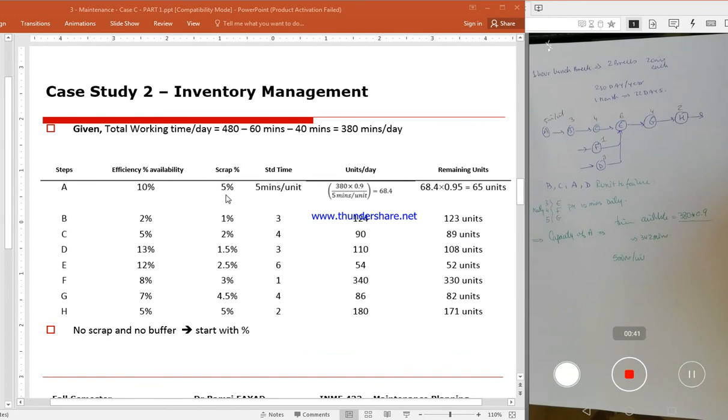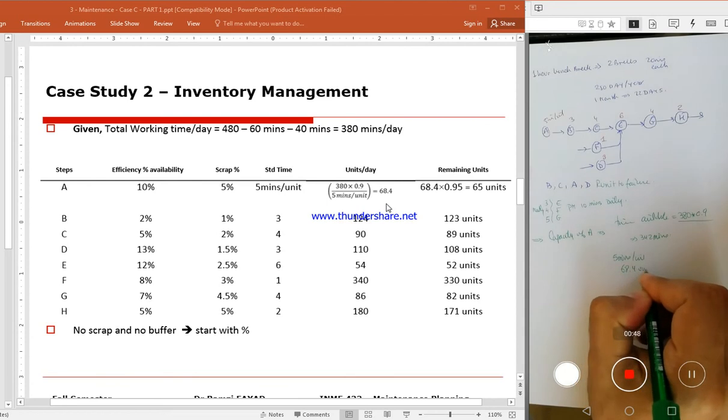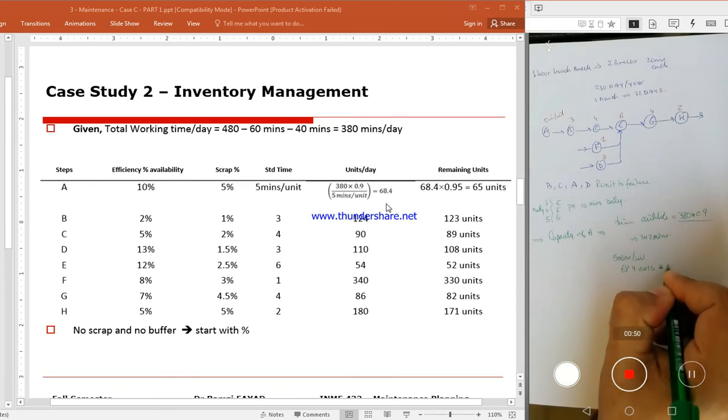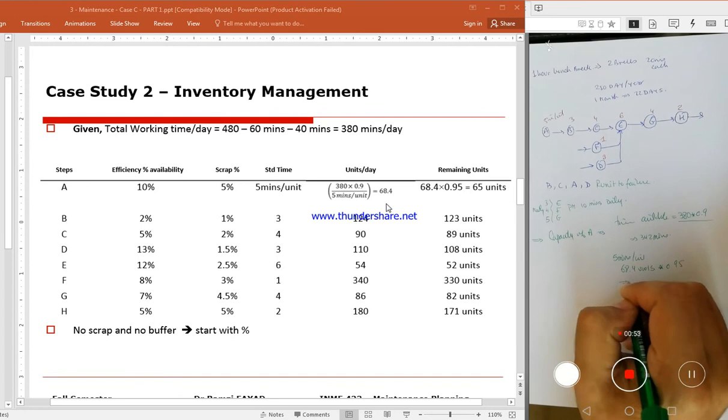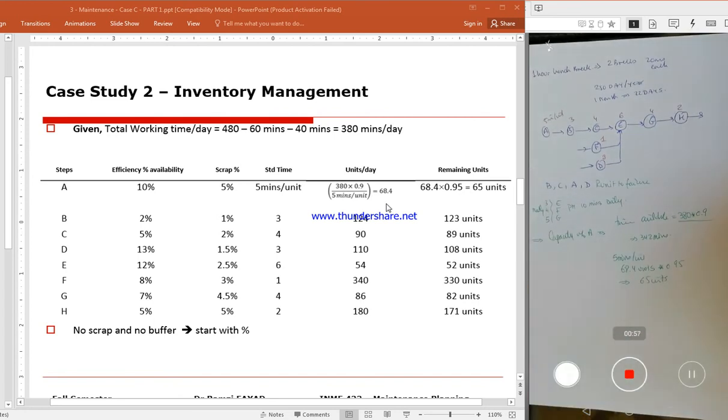That gives 68.4 units. We have a scrap rate of 5%, so times 0.95, and A is able to do 65 units. This is very simple.